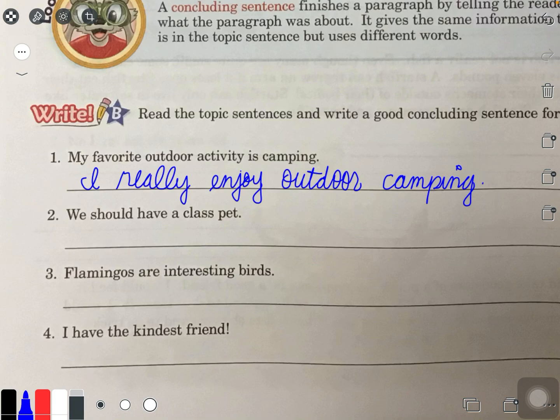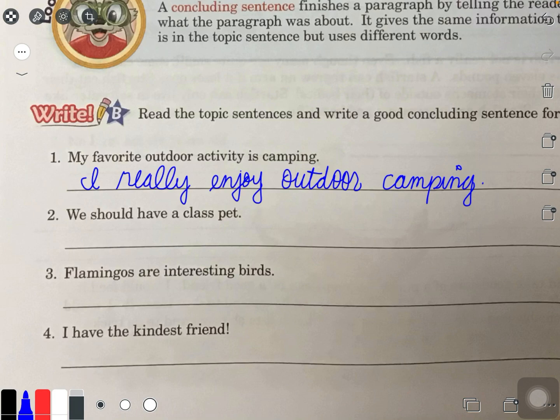Number 2, we should have a class pet. So that's the first sentence of your paragraph. The next 5 sentences will talk about why you should have a class pet. And then you have a concluding sentence. Your 7th sentence concludes the whole thing, like it summarizes the whole paragraph.